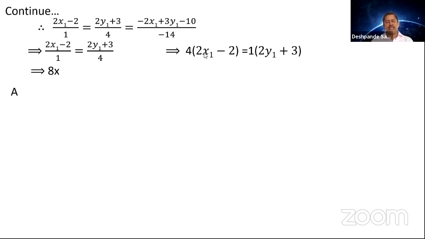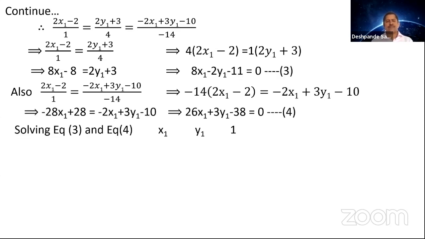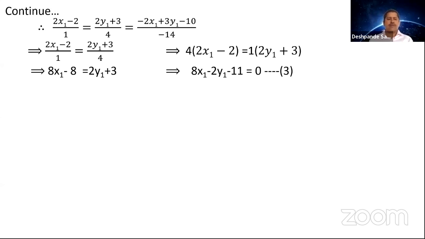So 8x1 minus 8 is equal to 2y1 plus 3. Bring everything to one side: 8x1 minus 2y1 minus 8 minus 3, which is minus 11, is equal to 0. This is the first equation in terms of x1, y1.